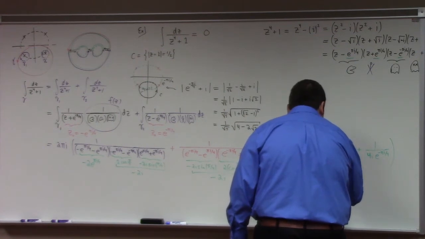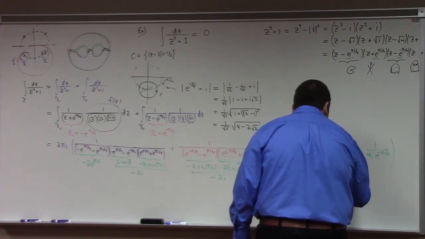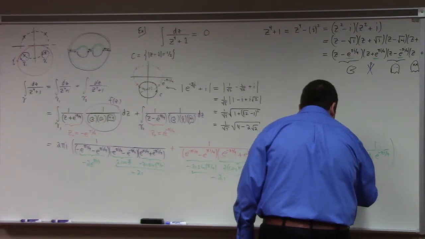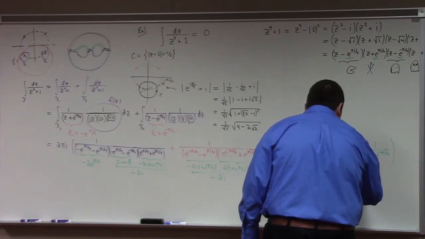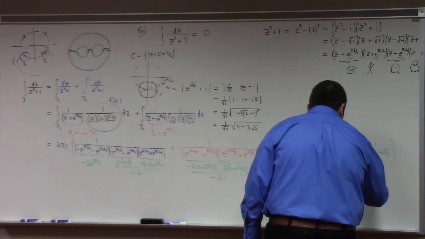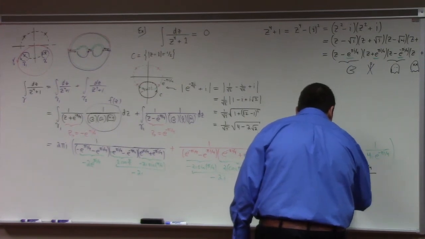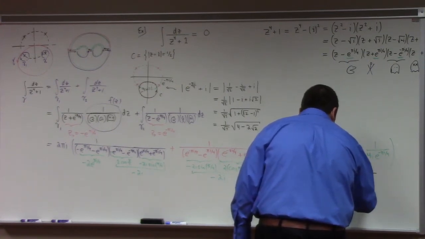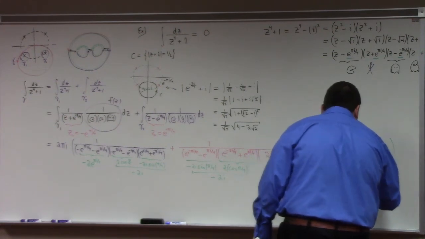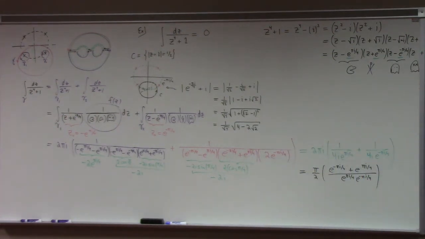So this is e to the minus pi i over 4 plus e to the pi i over 4, divided by e to the pi i over 4 times e to the minus pi i over 4. I did that right. Let me think about that. Yes, no?